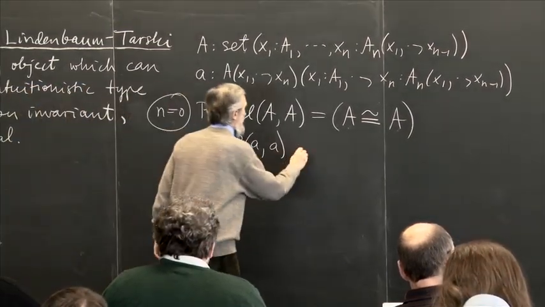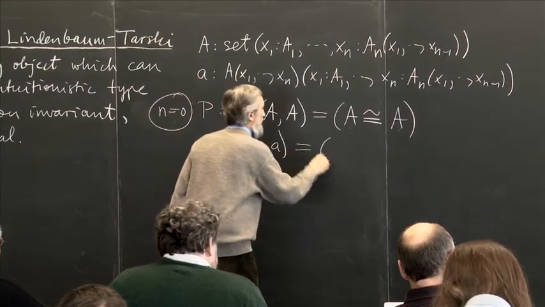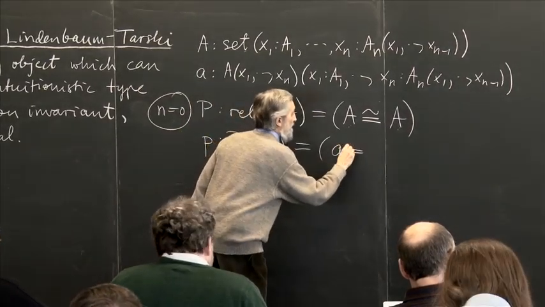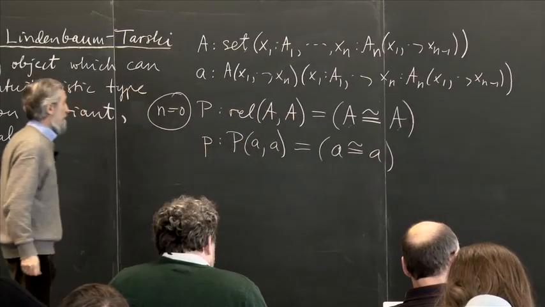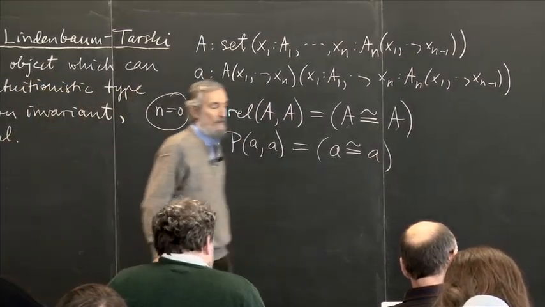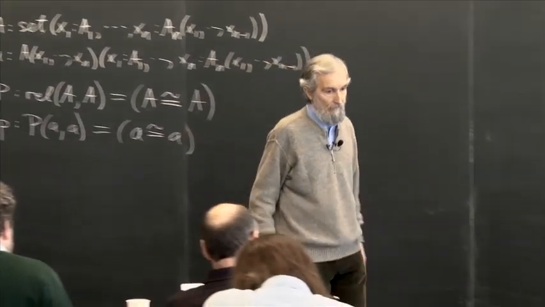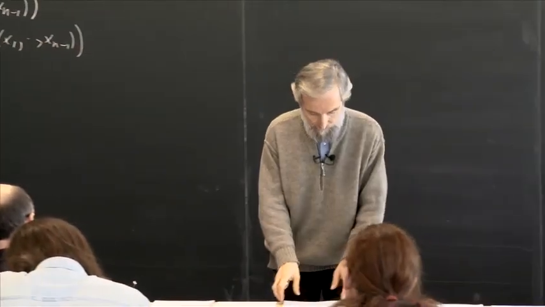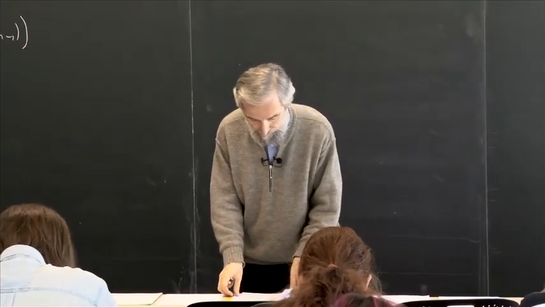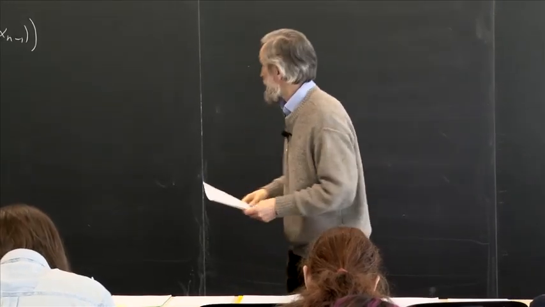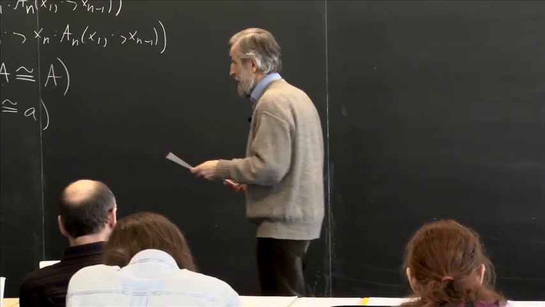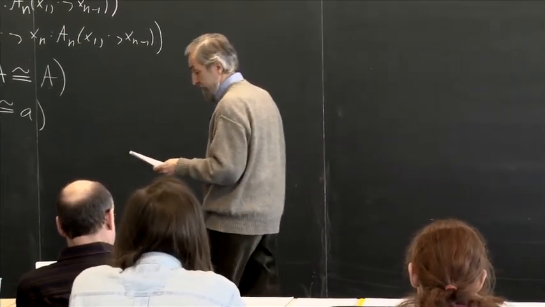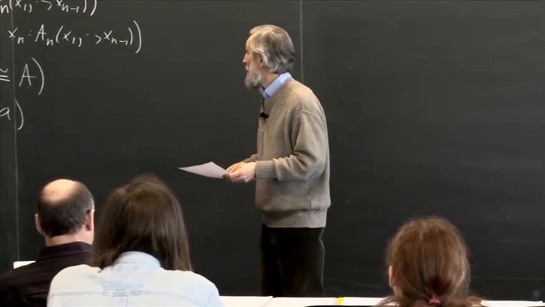And that I will allow myself to write again as simply a is related to itself. So we see that the relation invariant objects in both cases are those which are self-related or reflexive, if you prefer.